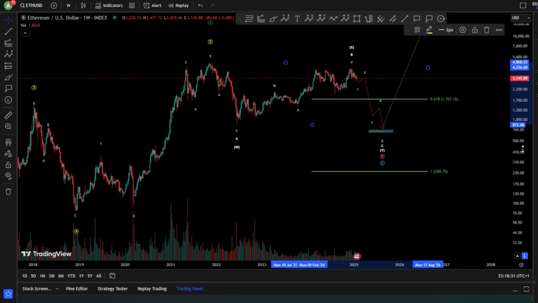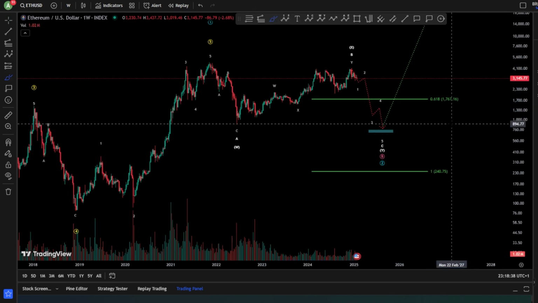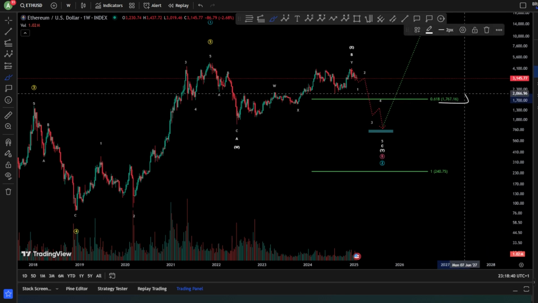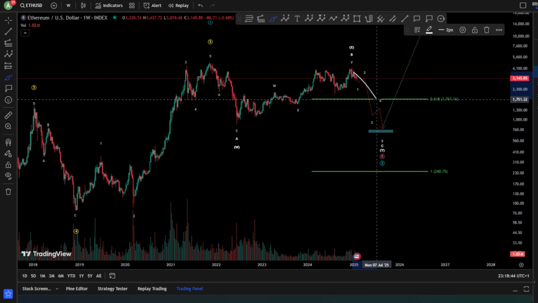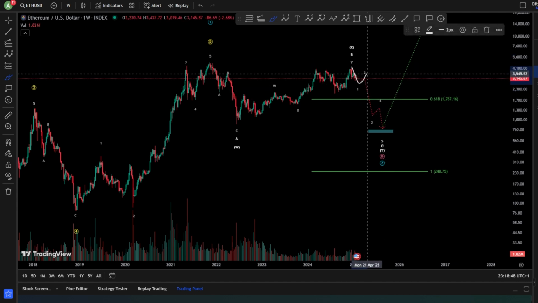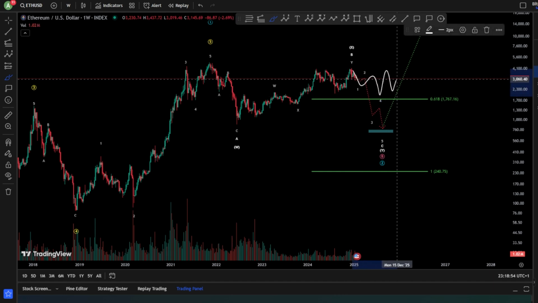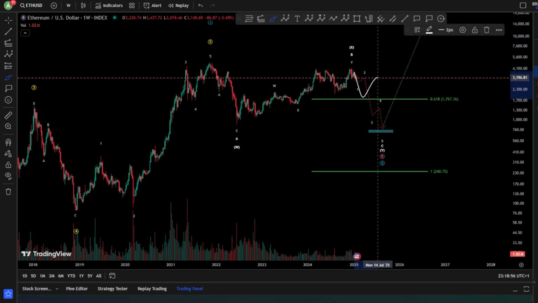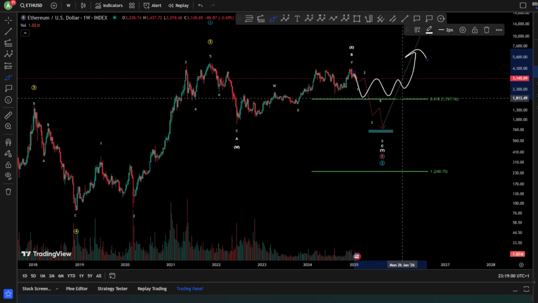Between both, I prefer the WXY, which can keep us between the 0.618 and 1,767. That would be a nice target for a WXY, meaning it can end in a zigzag or in a flat, or in any case like a triangle, probably sideways, can also be possible, and then start to move higher.